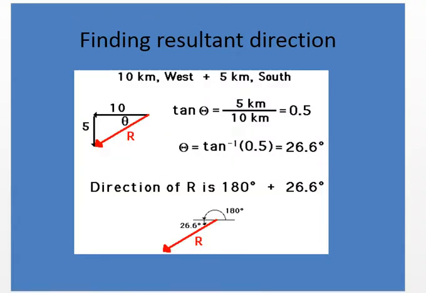So when you are charged with making sure that the angle that you're finding is a polar angle, you need to know what quadrant you're in. So you're going to use tan theta, which is y over x, and you're going to use inverse tan of y over x. So in this particular example, it's going to the west and then down to the south.